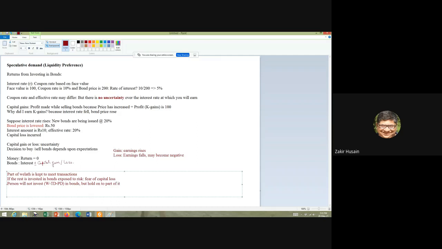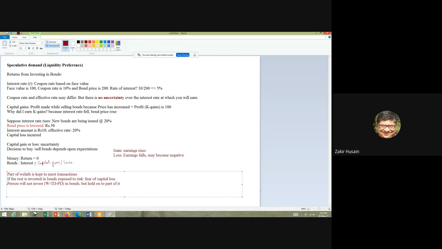So that means if your wealth is 1000, you require, let us say, 400 for your transactions need. The remaining 600 can be invested in bonds. But in that case, there's a risk that you may lose the entire 600 or even a part of it.